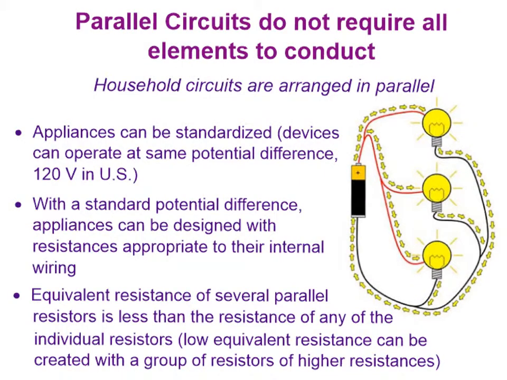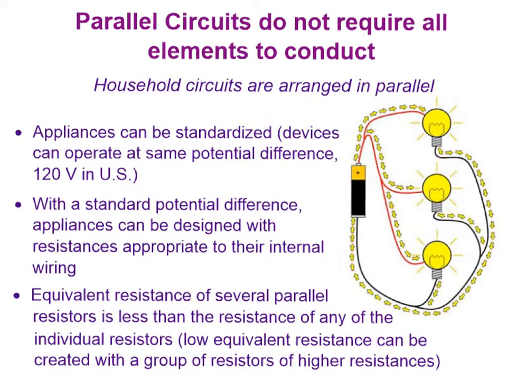There are obvious benefits to parallel circuits. They do not require all the elements in order to conduct electricity. You can see that if, say, this bulb burns out and current is no longer able to flow across that filament, it will not affect the other parts of this circuit.